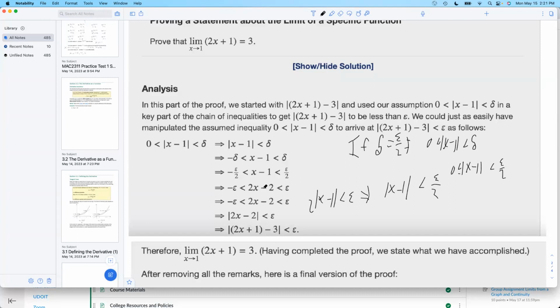And then working backwards, multiply both sides by 2, distribute the 2, and split this up. So this was working backwards to try to find out, you give me epsilon, what do I want delta to be? Okay, now that we got that, that's all just scratch work.